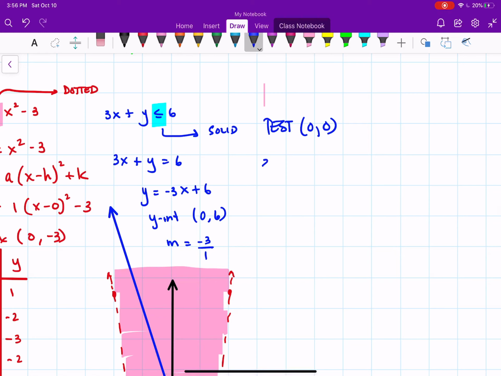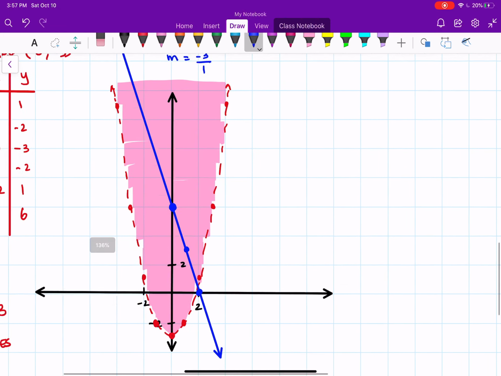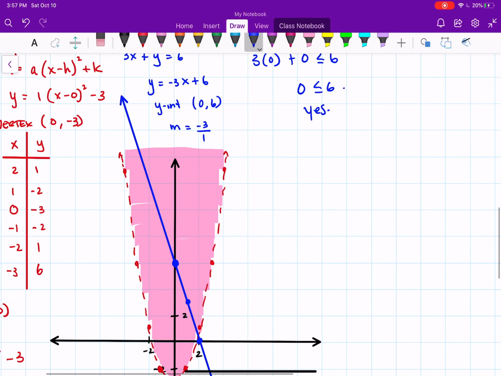Is 3 times 0 plus 0 less than or equal to 6? So 3 times 0 is 0 plus 0 is 0. So is 0 less than or equal to 6? And the answer is yes. So that means I would shade towards 0, 0. So this shading will go in this direction.